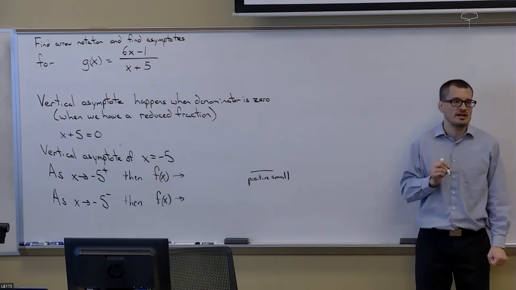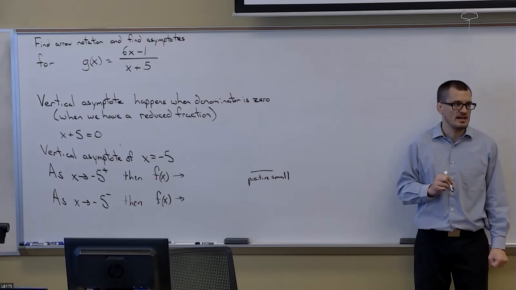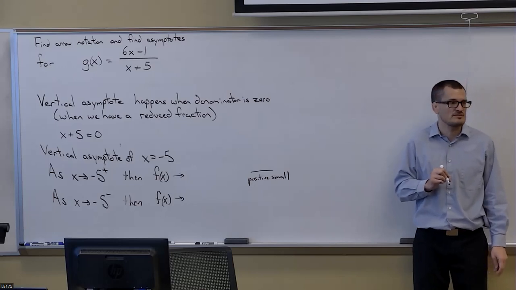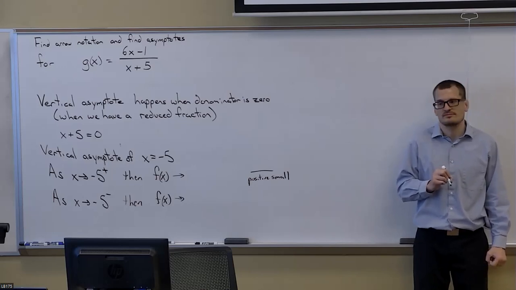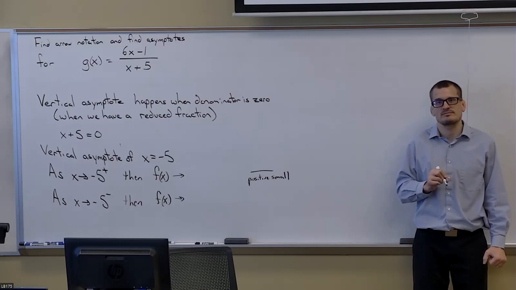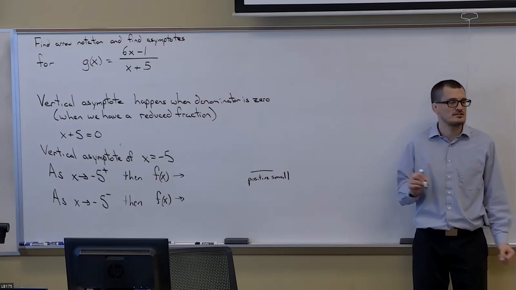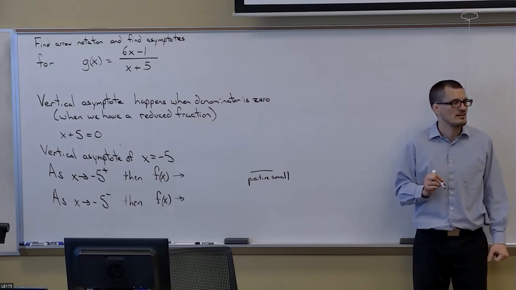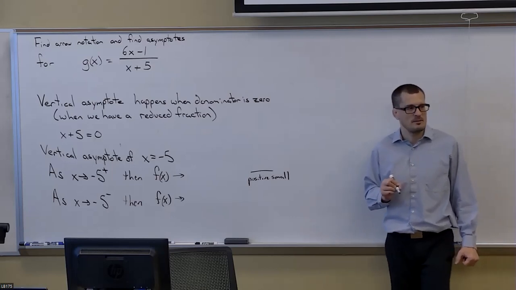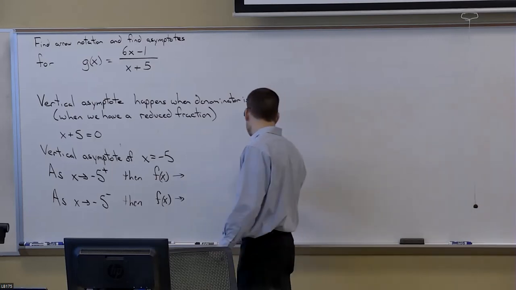What's my numerator going to be when x gets close to -5? Well, my numerator is going to be 6 times x minus 1. As x gets close to -5, that's going to be about -31.